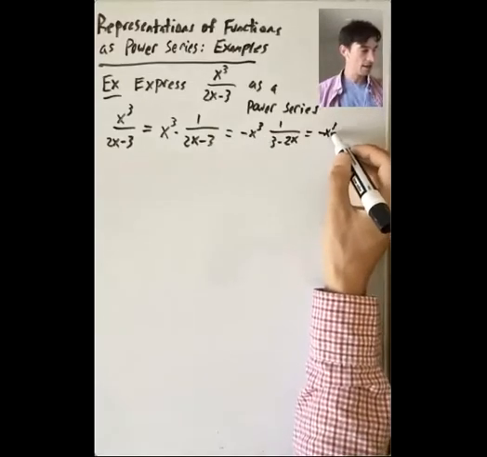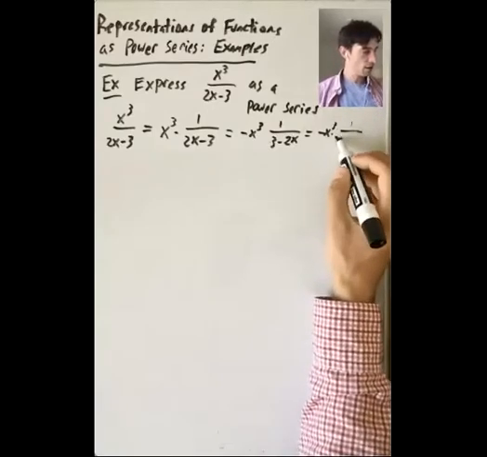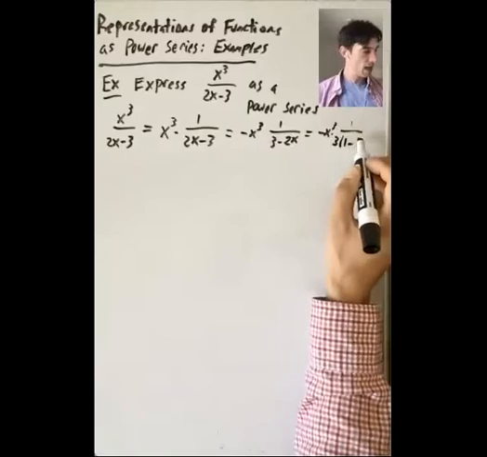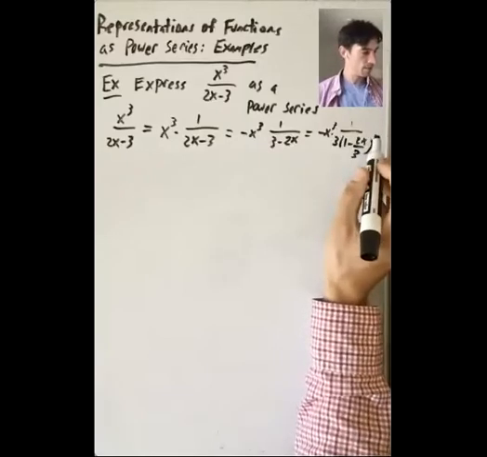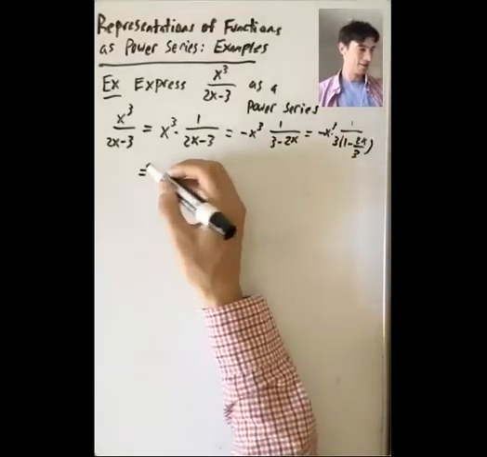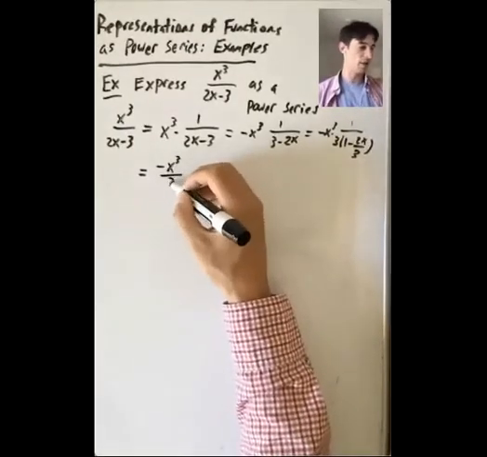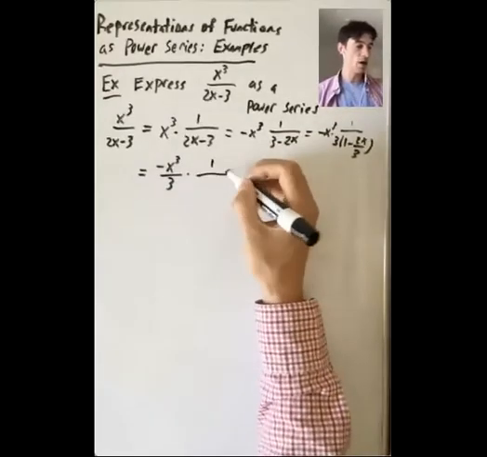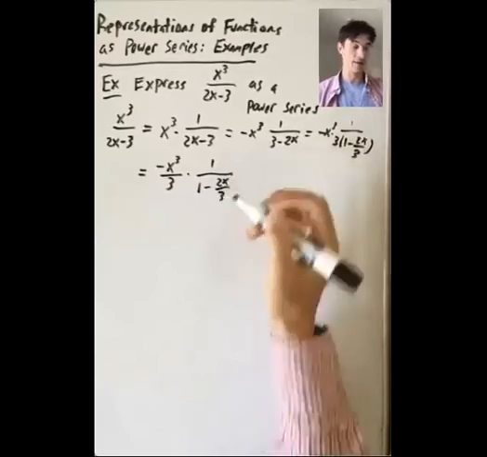So we have minus x cubed, 1 over 3 times 1 minus 2x over 3. Okay, so rewriting a little bit: negative x cubed divided by 3 times 1 over 1 minus something, 2x over 3.